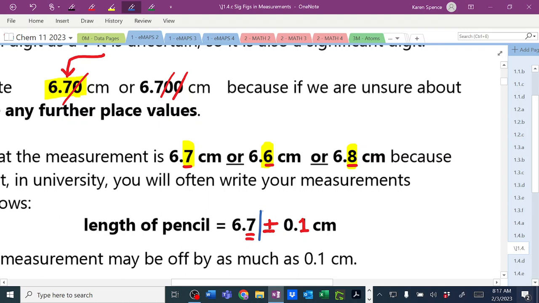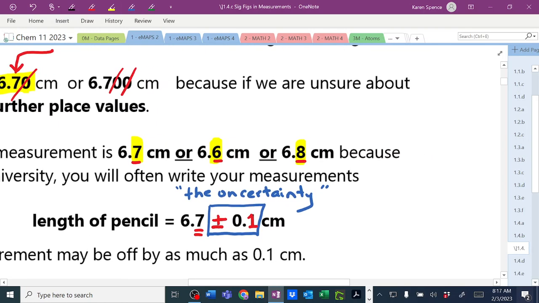This bit here, this plus or minus, is called the uncertainty. The uncertainty means that whatever your uncertain digit is, it could be plus or minus that amount.